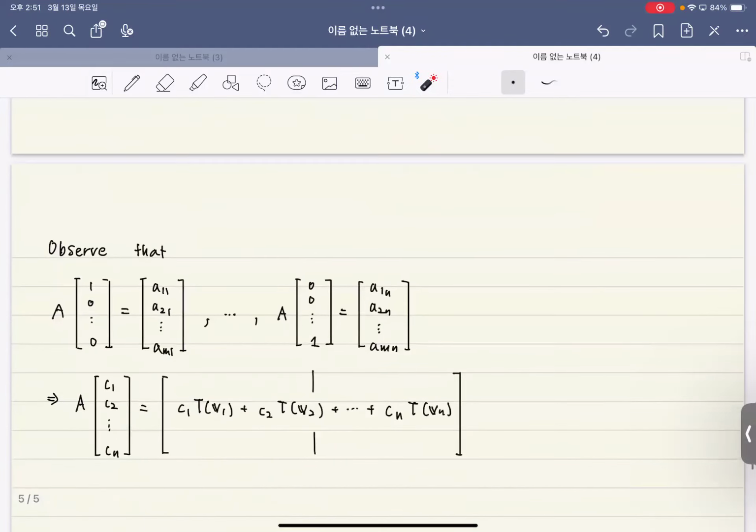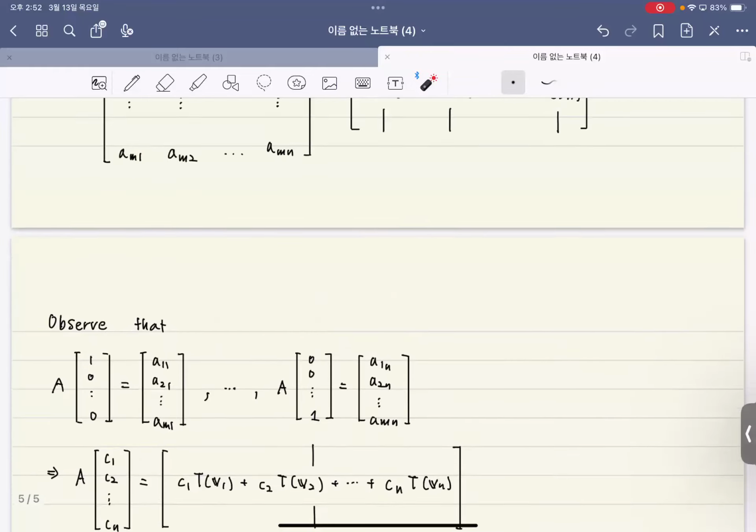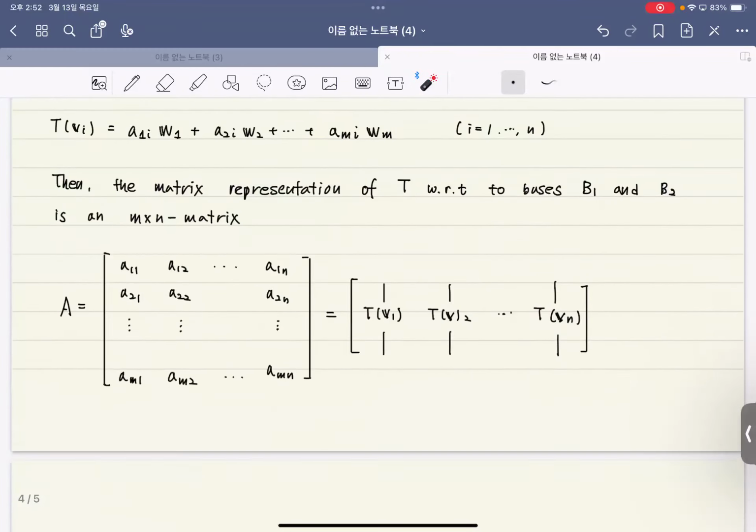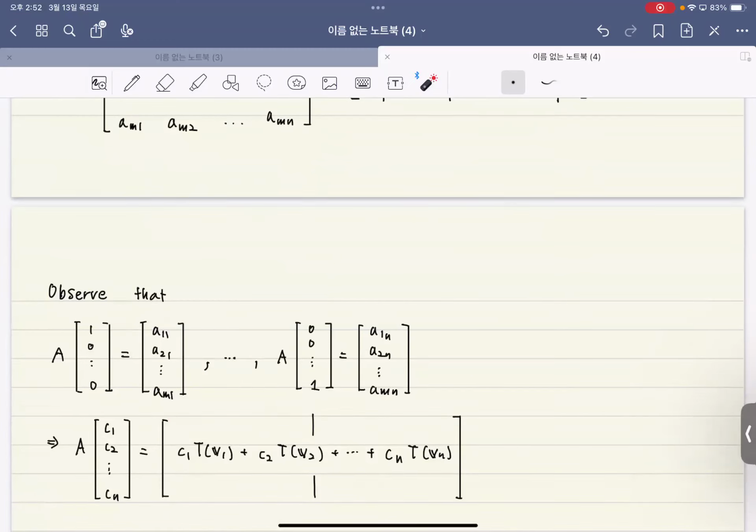So suppose that you multiply this matrix by this random column vector, then the result would be another column vector, right? But the components of this column vector on your right must represent what? They must represent the coefficients of the resulting vector, written in terms of basis W1 to Wn, right?